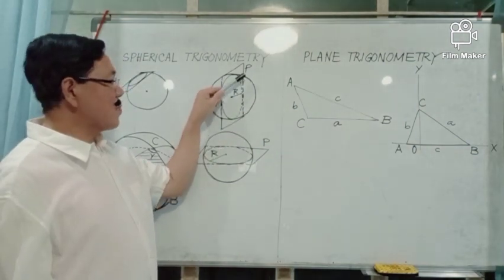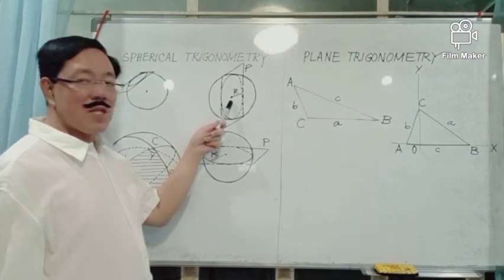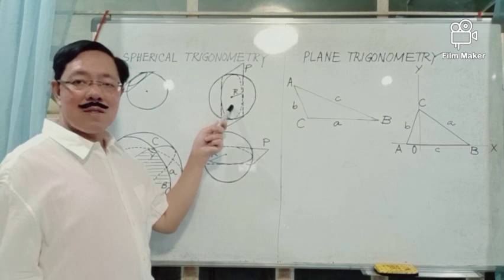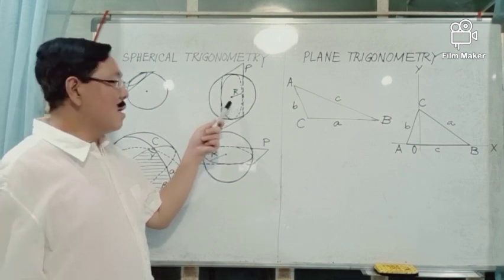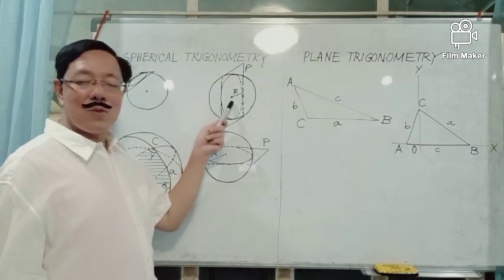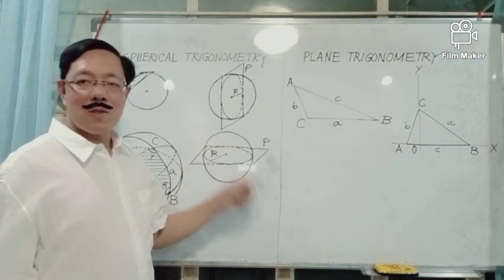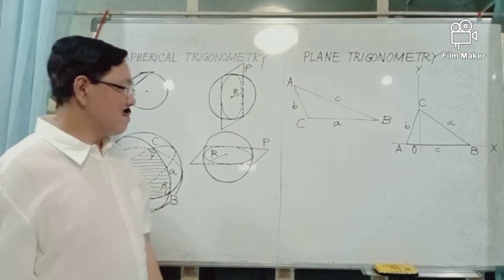The intersection of the sphere and a plane through the center of the sphere is a circle with center at the center of the sphere and with radius equal to the radius of the sphere. And this circle is what we call a great circle.